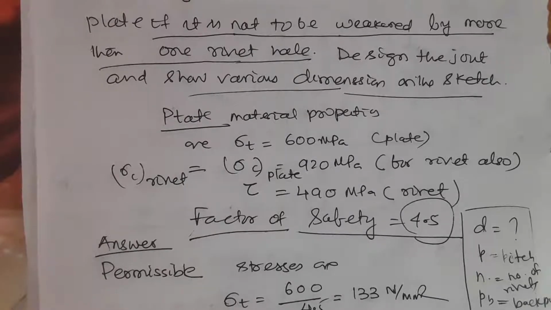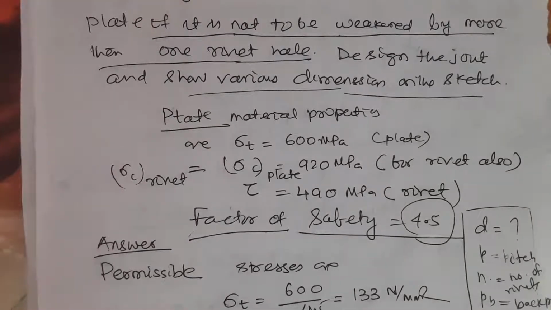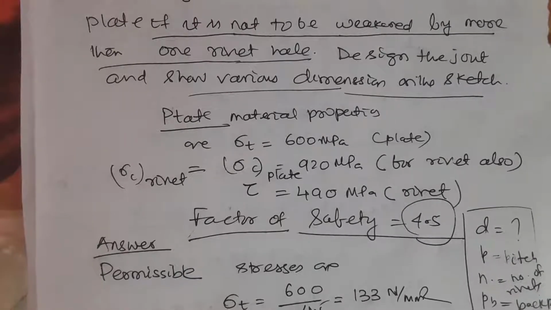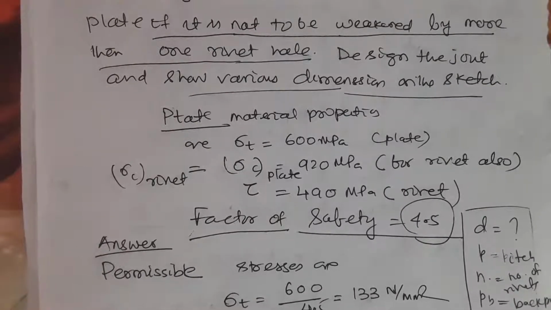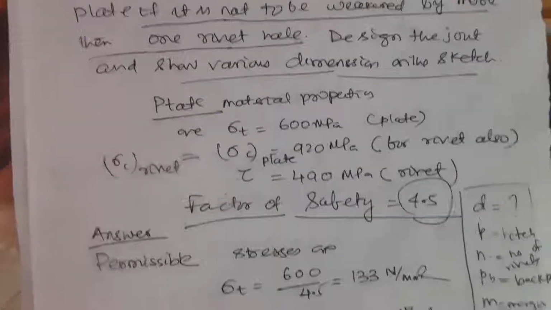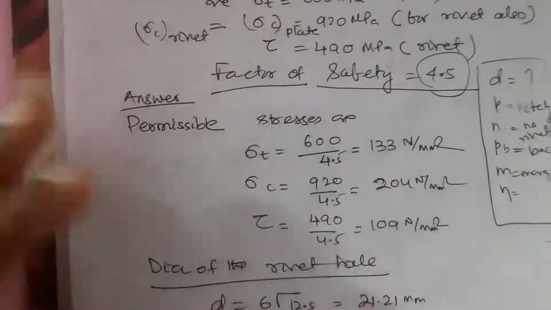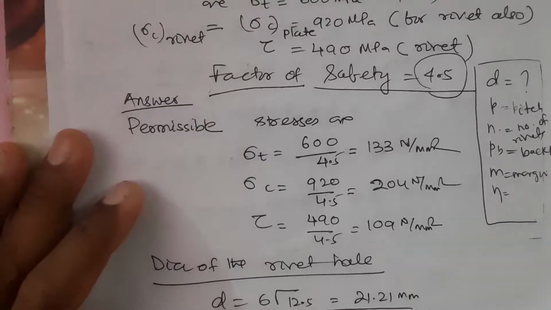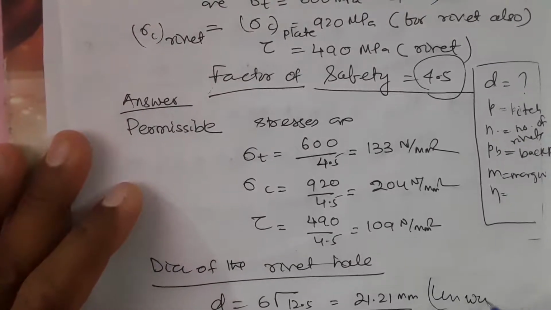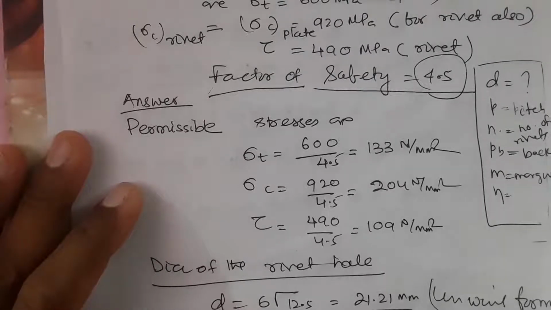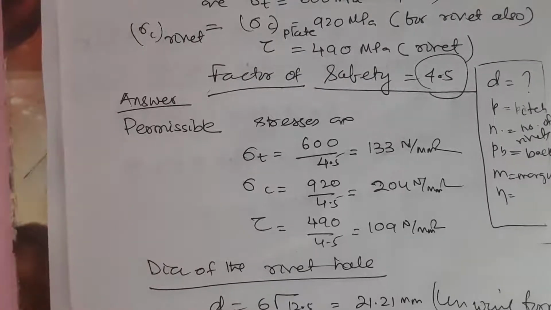In this case we will consider a double shear of the rivet. We will consider the shearing of the rivet to be double shear because it is a double cover strap butt joint. So first, to find out the diameter of the rivet, we will use Unwin's formula, that is d is equal to 6 root over t.